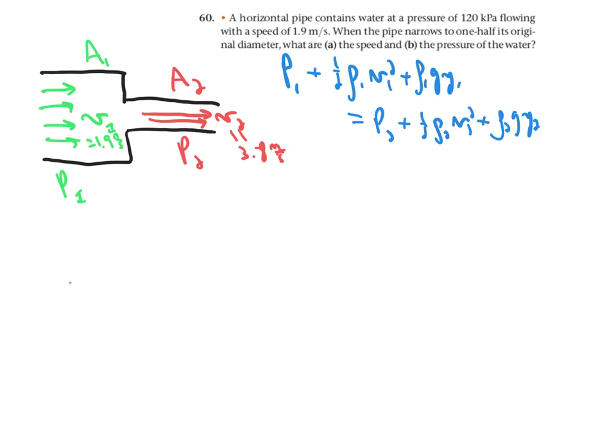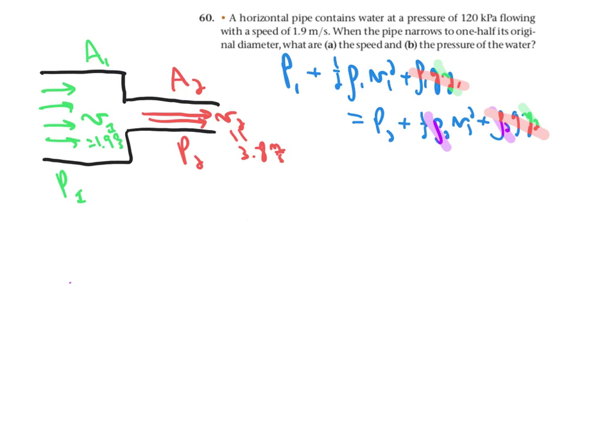And our key bit here now is to recognize that the densities are the same. So they'll all be rho of water, which we'll get in a second, and that the y's are the same. That y1 and y2 are the same because they don't give us any kind of change in height. So we can basically also just cancel out this entire term because they will be the same.